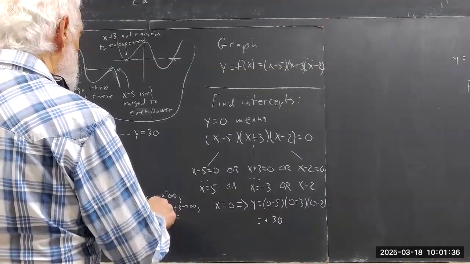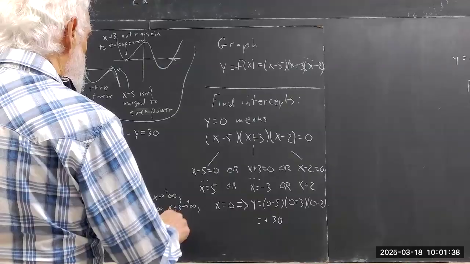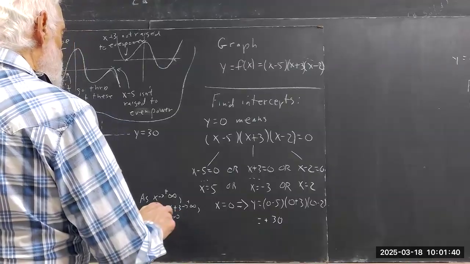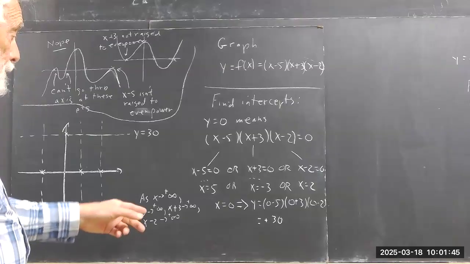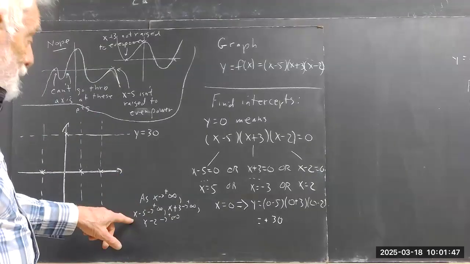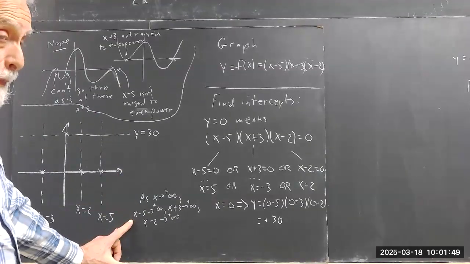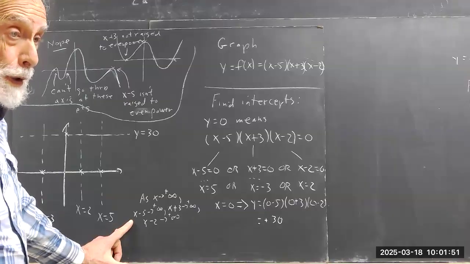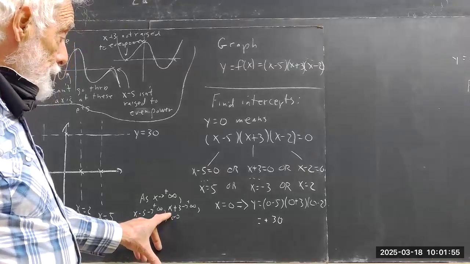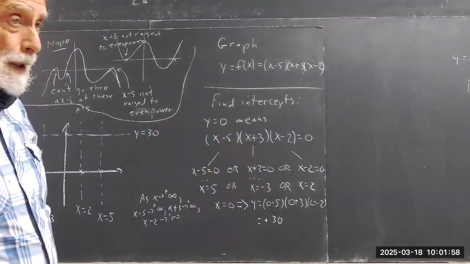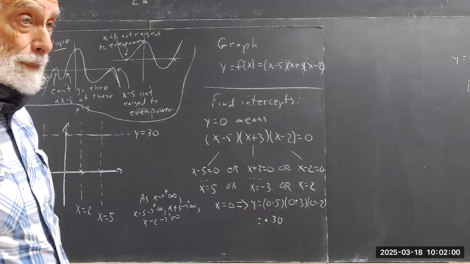As x goes to plus infinity, so does x minus 5, x plus 3, and x minus 2. In other words, if x is a really big positive number, then subtracting 5 from a really big positive number leaves you a really big positive number. Okay. Here, adding 3 to a really big positive number is still positive.